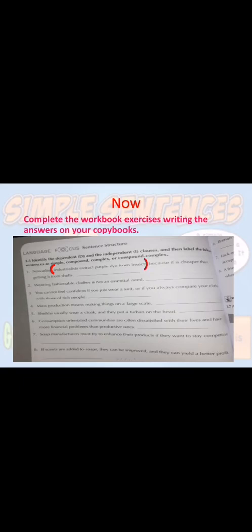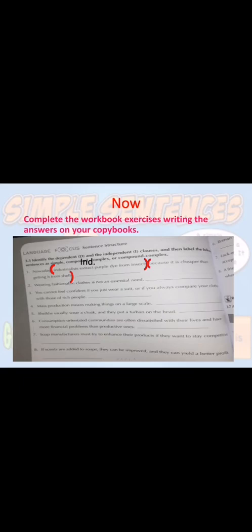Nowadays industrialists extract purple dye from insects. This is the independent clause. Because it is cheaper than getting it from shells.